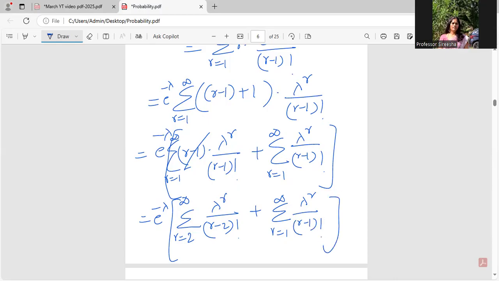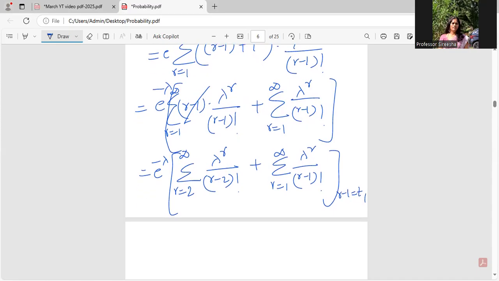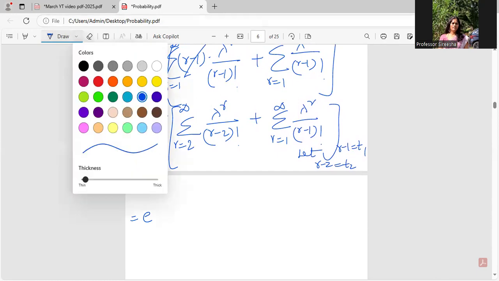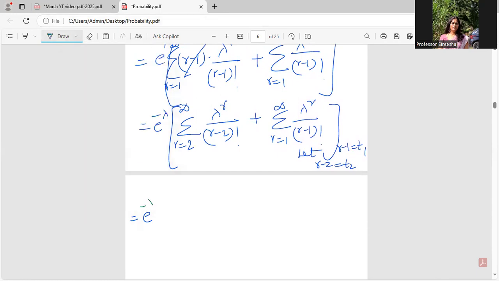This thing I have already handled in E of X by making a substitution that r minus 1 is equal to t. Here I will say t1. Similarly, let r minus 1 equal t1, and r minus 2 equal t2. Let's see what happens. E power minus lambda, r minus 2 equals t2.